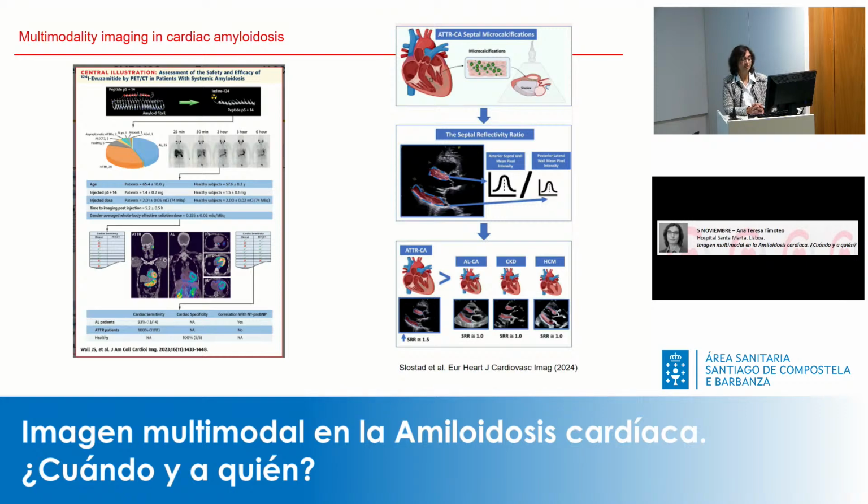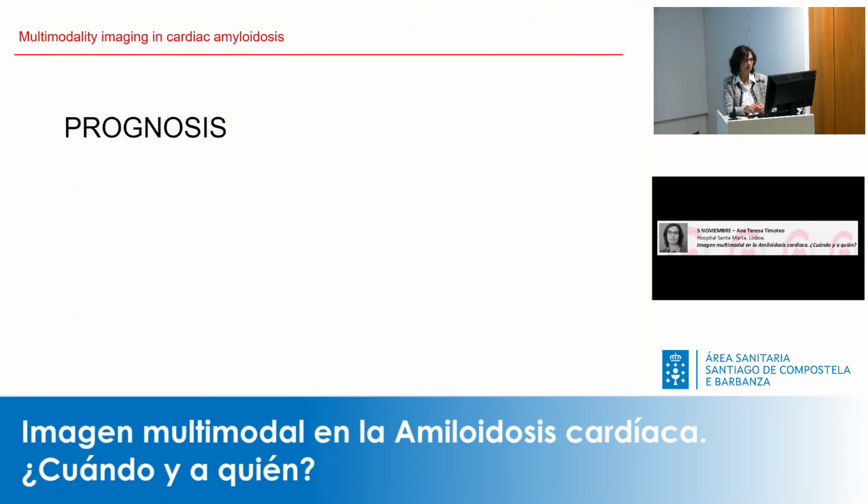And there is also the possibility in echocardiography to do the septal reflectivity ratio, because in ATTR there are microcalcifications at the septum that will increase the septal reflectivity ratio between the septum and the posterior wall. As you can see in the lower panel, it is increased in the ATTR form due to those microcalcifications of the septum. So these are new options for the diagnosis.